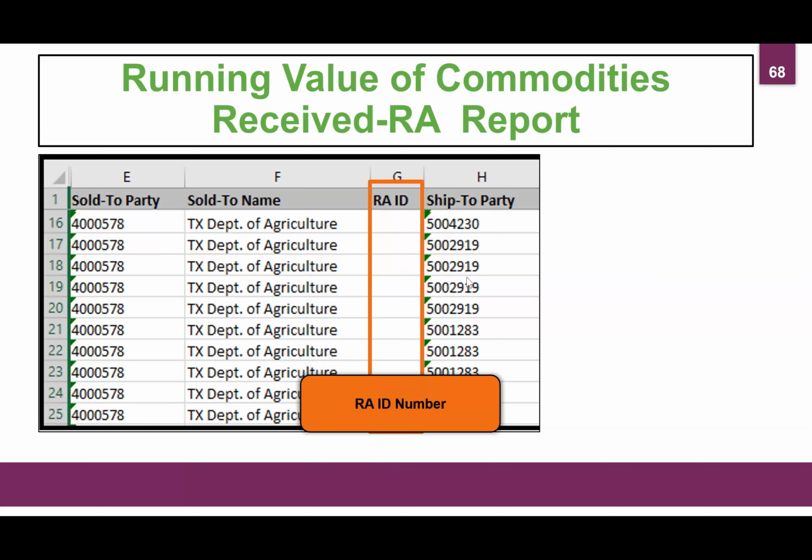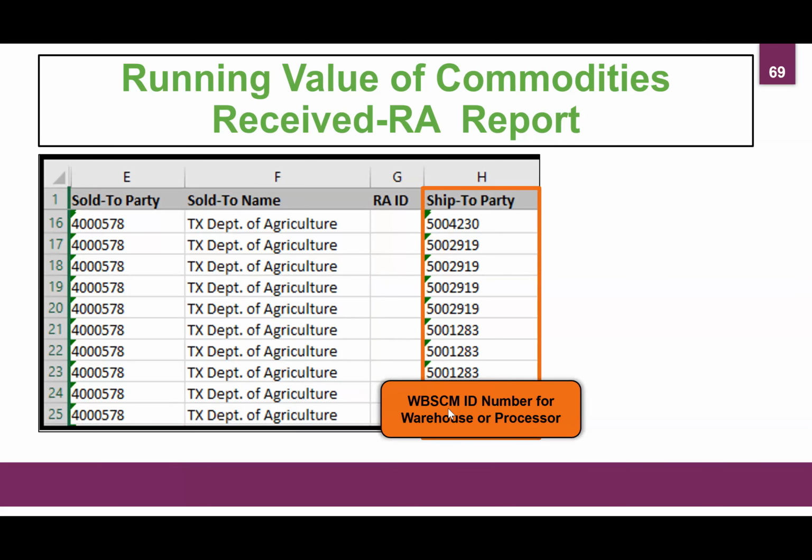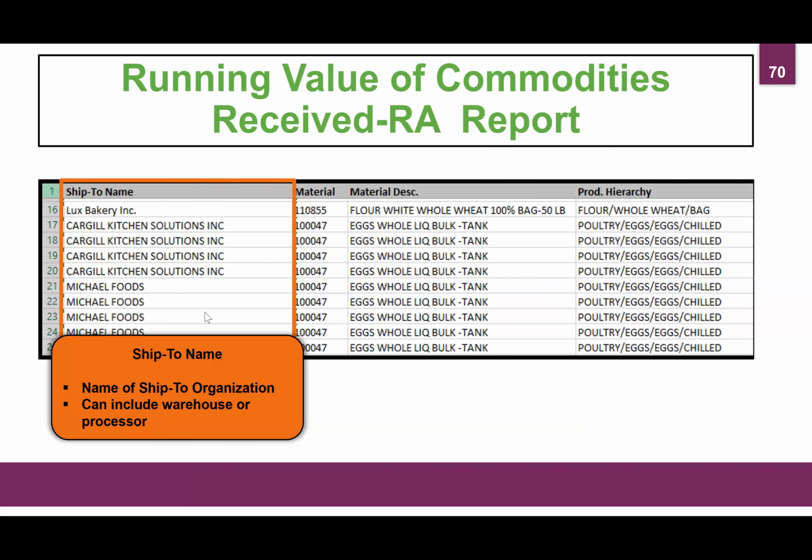And then column H is going to show us the ship to. So that's going to have the WebSCM ID for the warehouse or the processor. So here we'll see the ship to name. So we'll see like Lux Bake Incorporated. You'll see Michael's Foods here. So this one will show the name of the organization, and it can include the warehouse or the processor.